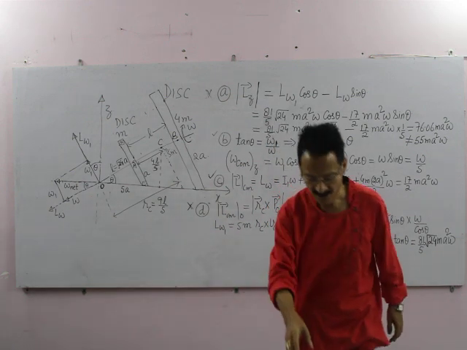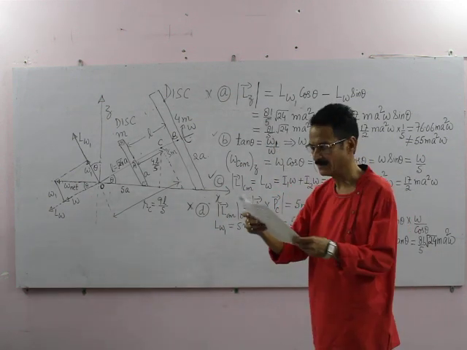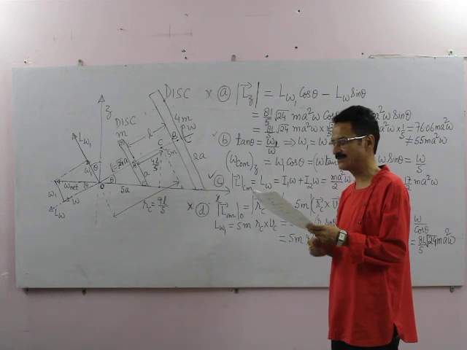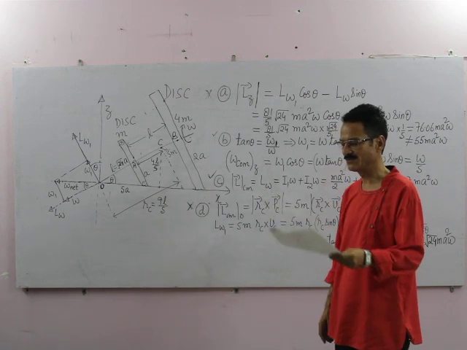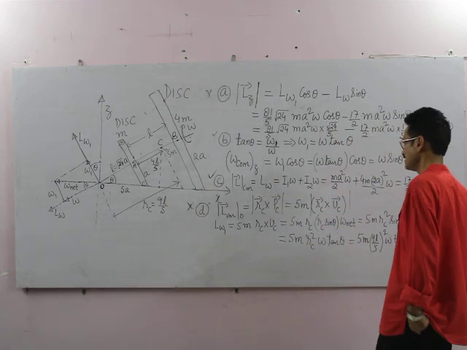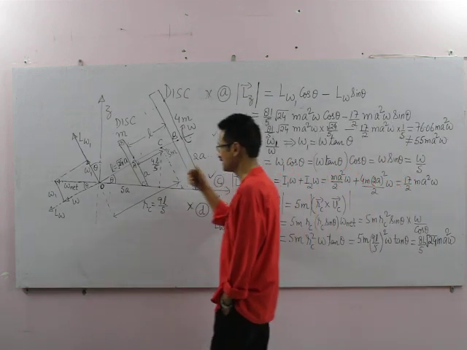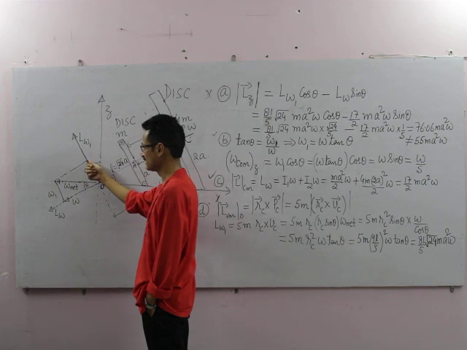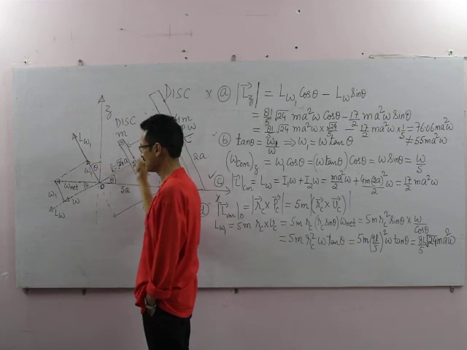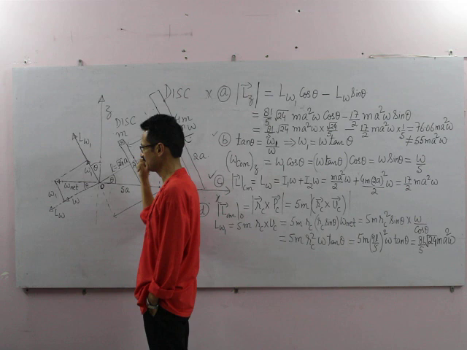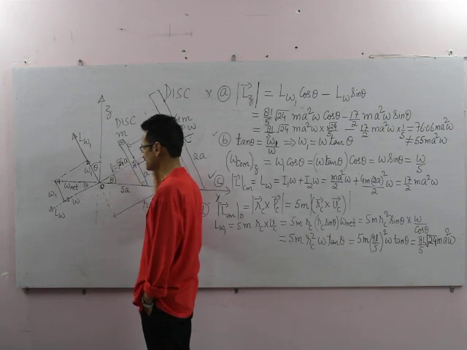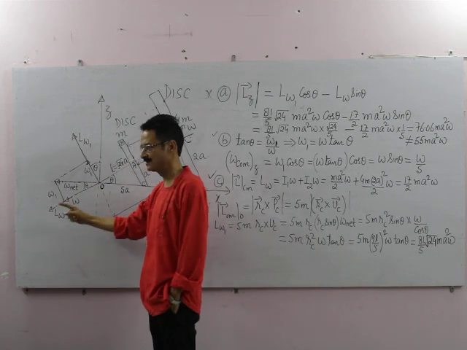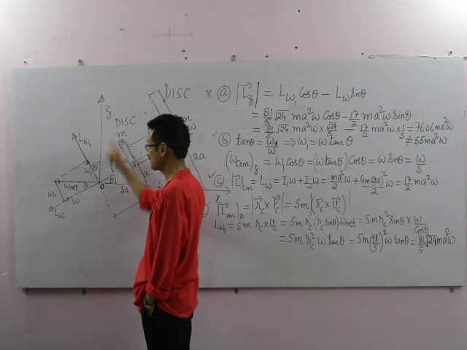In this part, it's given that the center of mass of the assembly rotates about the z-axis with an angular velocity omega by 5. So we have to find the z component of this omega 1, which is the angular velocity due to the rotation of the center of mass about this point O.